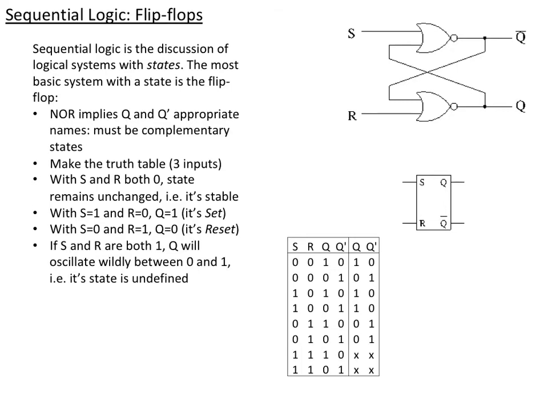So finally, what happens if they're both on? Well, we can work our way through it. So S is on, and so this is on. This is off. This comes into off here. And so you would think that Q would be 0, or Q would be 1, but remember that R is also on, so this one is turning on as well.